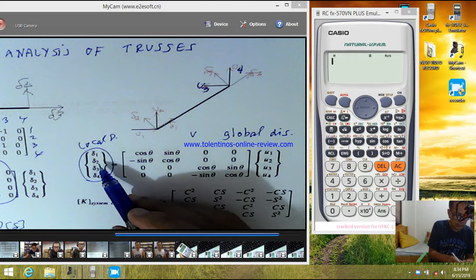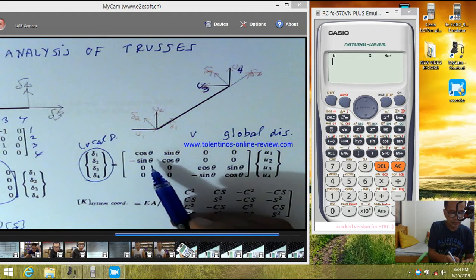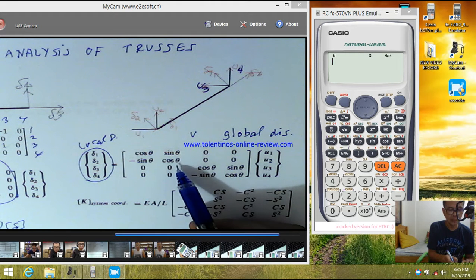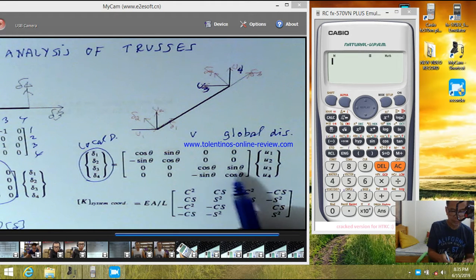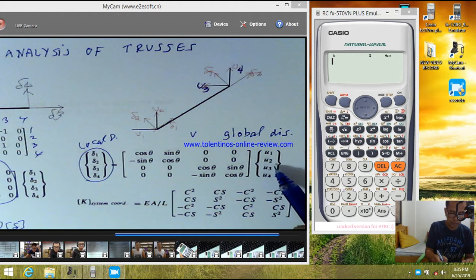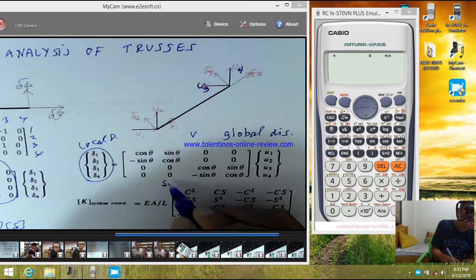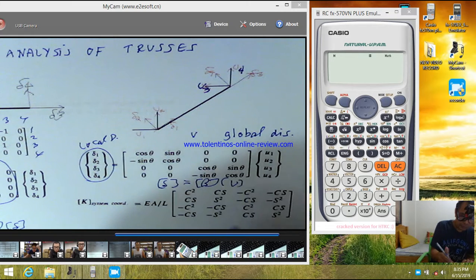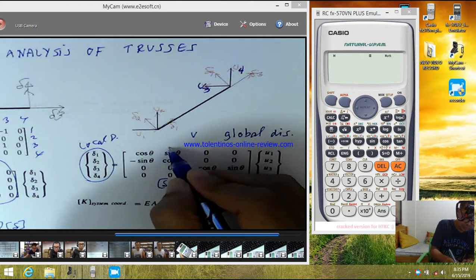Okay. Delta 1, delta 2, delta 3, delta 4 is equal to cosine theta, sine theta, negative sine theta, cosine theta, and then cosine theta, sine theta, negative sine theta, cosine theta, times U1, U2, U3, U4. So, basically, ang formula natin dyan is delta is equal to beta times U. Ang tawag dito sa matrix na to is beta.